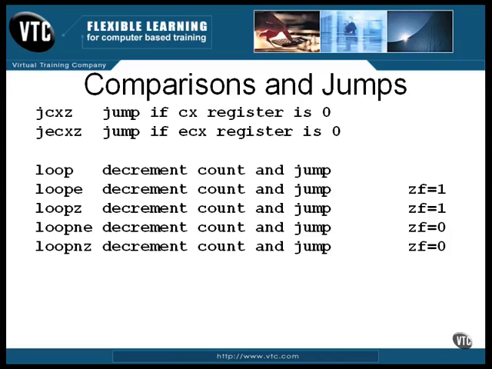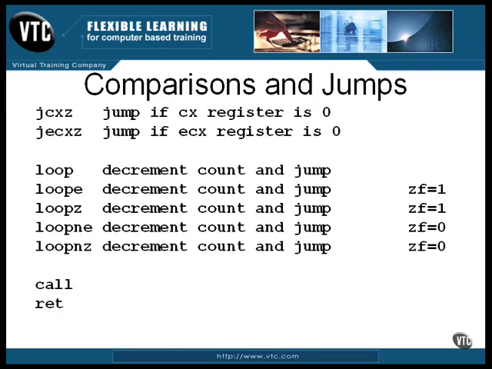These instructions are used at the bottom of a loop. They decrement the counter, and if it is 0, just drop through. If the counter becomes non-zero, they jump to the label specified as an argument, presumably the top of the loop. You will notice that some of the instructions also test the 0 flag. They will drop through only if the flag is set properly and the count goes to 0.